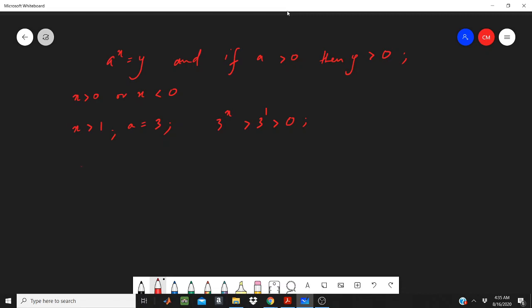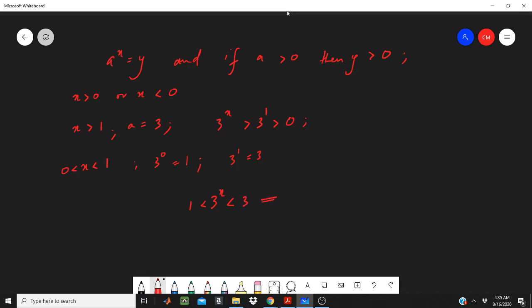Okay, what happens when x is between 0 and 1? Well, 3 to the power of 0 is just 1, and 3 to the power of 1 is 3. So 3 to the power x, in the case when x is between 0 and 1, is greater than 1 and less than 3.